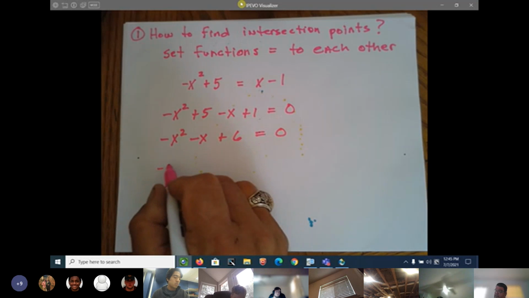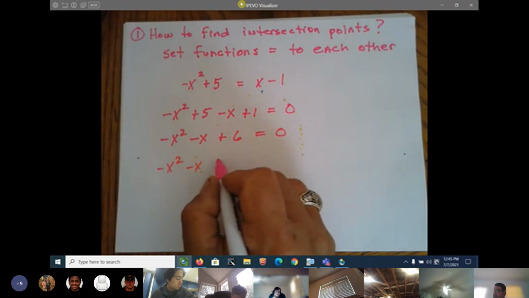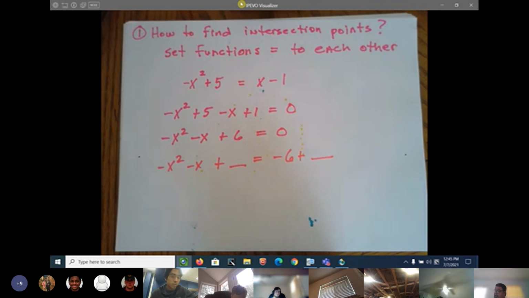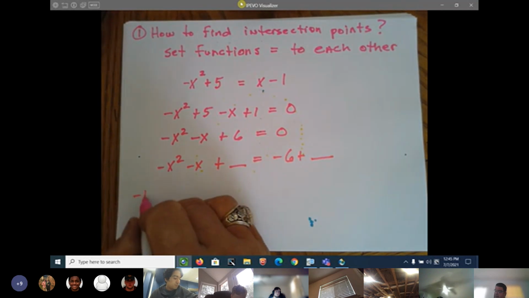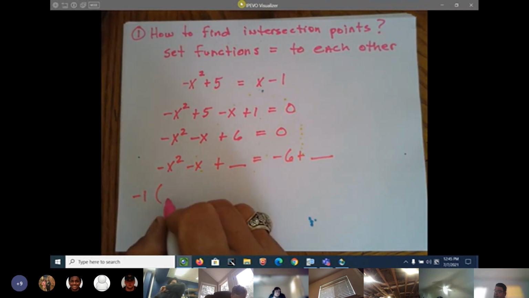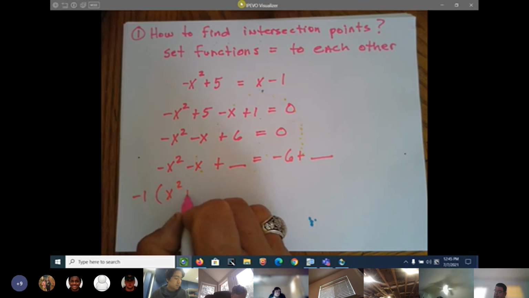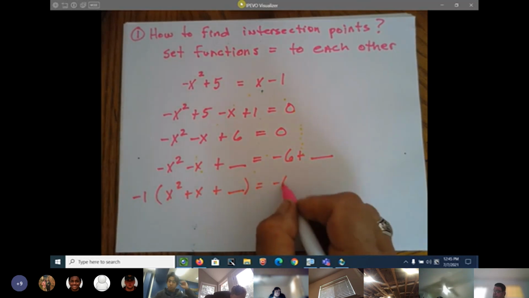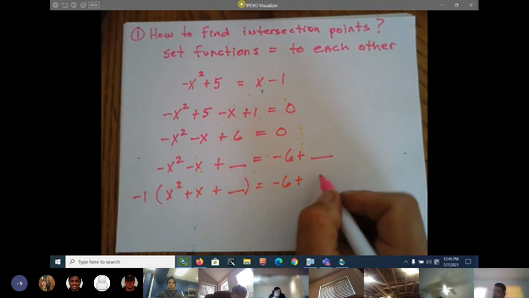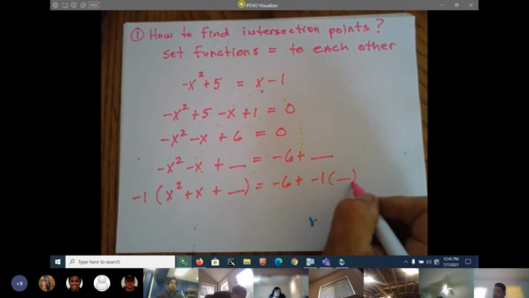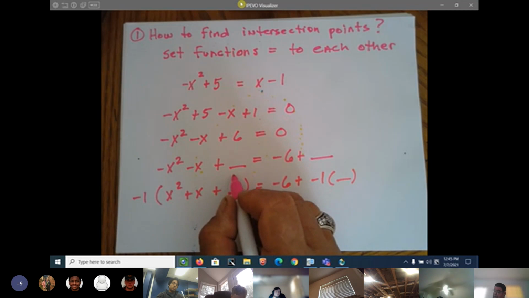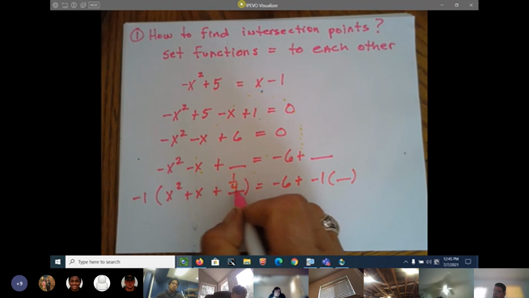And that's going to be negative x squared minus x plus blank is equal to negative 6 plus blank. Factor out a negative 1. That's going to be x squared plus x plus blank is equal to negative 6 plus negative 1 times blank. And half of 1 is 1/2. 1/2 squared is 1/4.